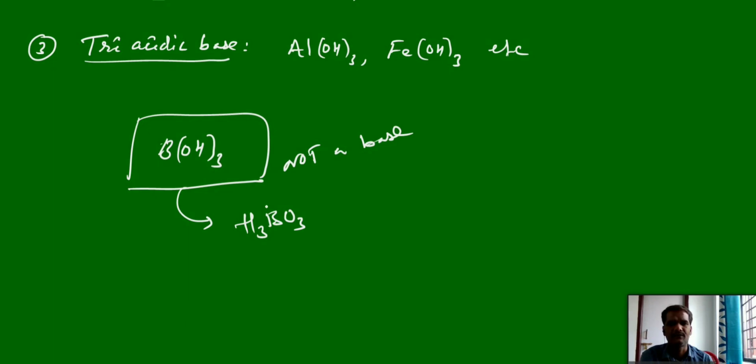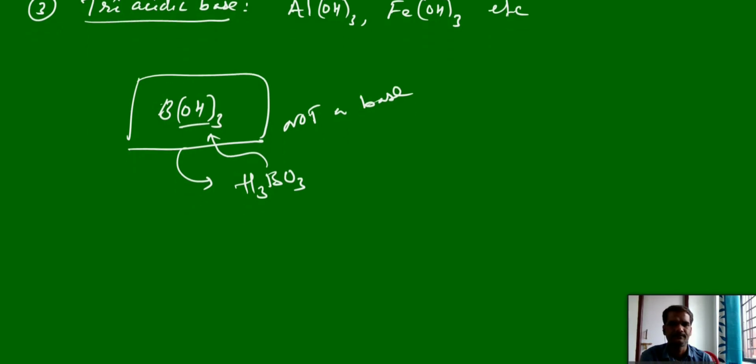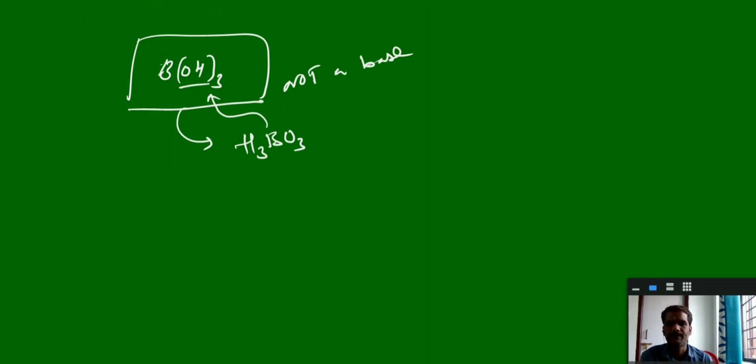We can write the formula of boric acid like this, or B(OH)3. This is also very important, because the representation of boric acid is very important. Having OH does not mean it is a base. That is why it cannot donate H plus ions individually. Anyhow, this is some basic idea about the acid base.